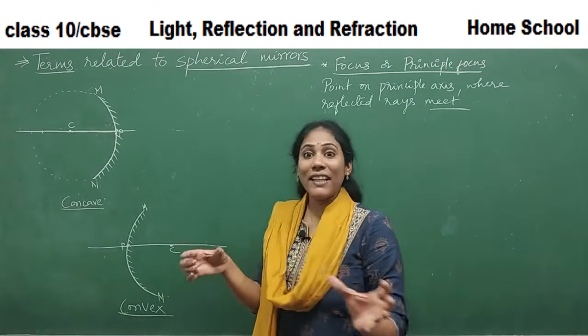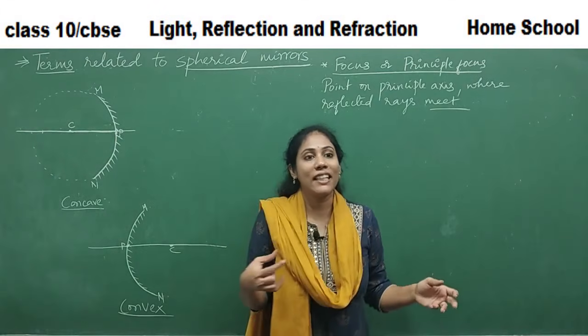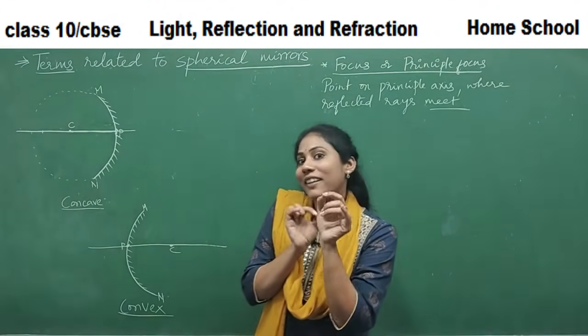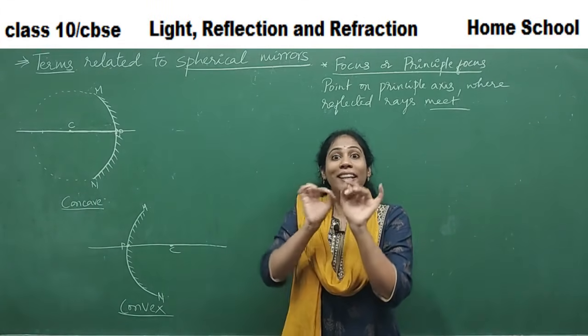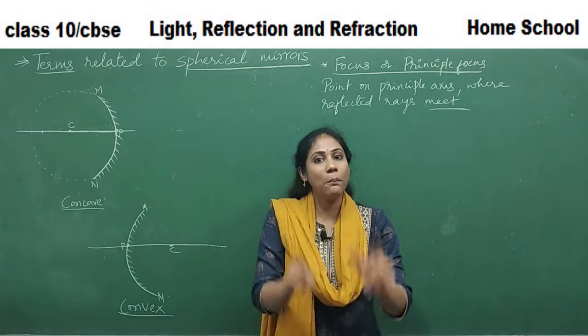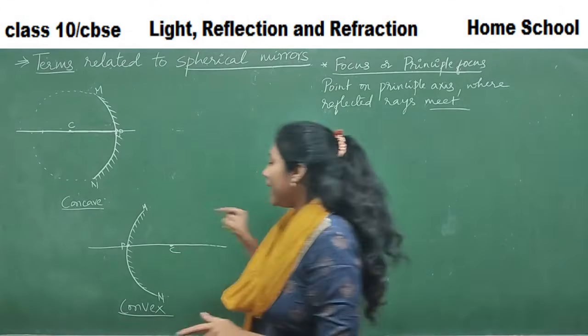So meeting of reflected rays is very important, isn't it? Because in the previous video we studied that the image is formed where the reflected rays meet. Yes or no? So knowing the point where reflected rays meet is very, very important. And that point is on the principal axis.